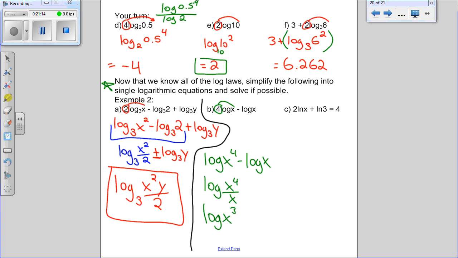Subtraction means division of your argument. Oh, so the first one, can you write it like this? No, that's a good question. So what Hannah Lynn did was she used the subtraction rule, and she wrote it as log 3x squared divided by log 3 of 2.